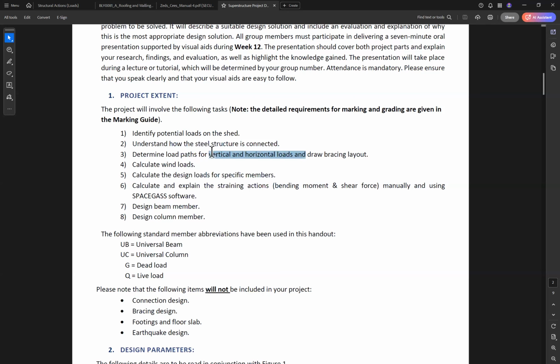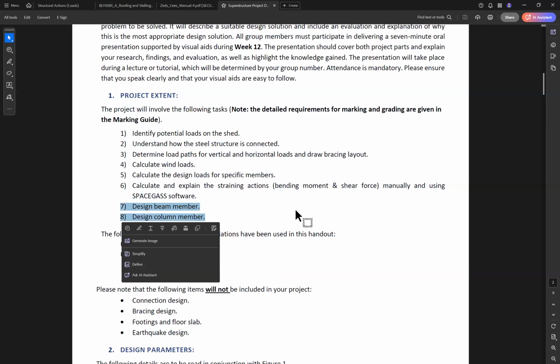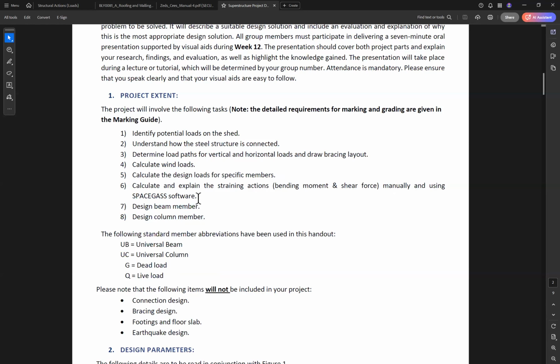Load paths for vertical or gravitational and horizontal loads. Wind load calculations. Design loads for members like dead load, live load and wind load. And draw bending moment and shear force diagrams manually and using SPACE GASS. Design of beam and design of column. So the two main parts are design of beam and design of column. But to reach these two, you need to find all these three requirements.